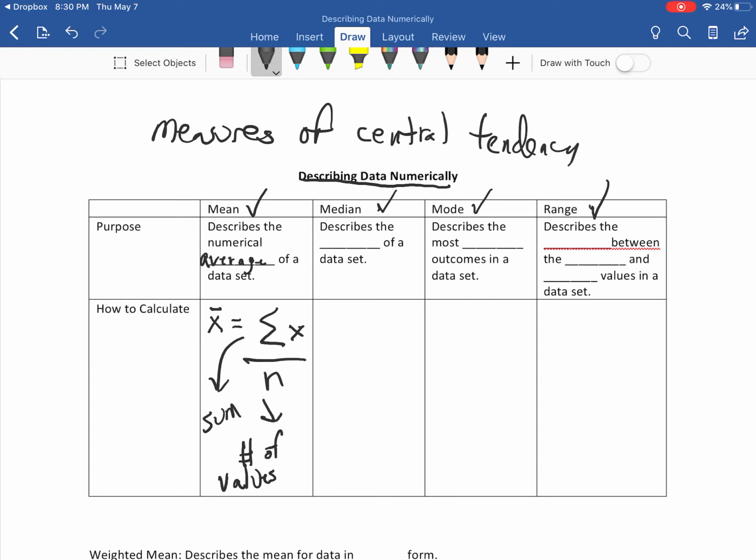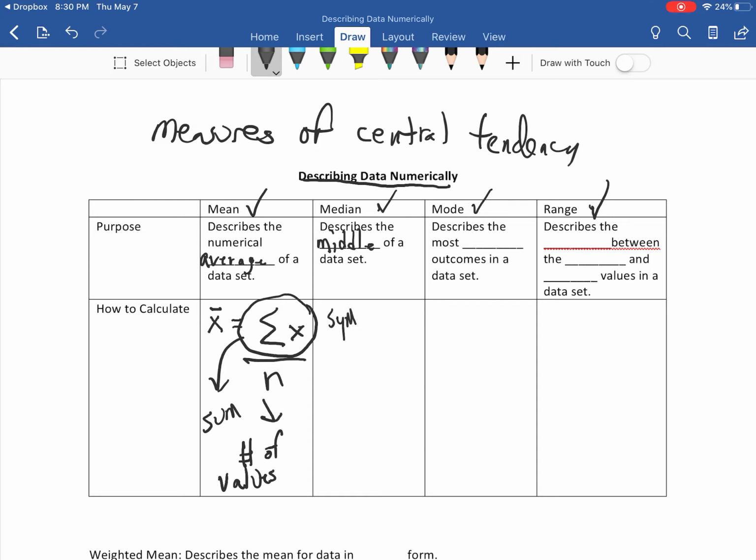So we're going to add all our values. That's your sigma x. It's just a shorthand way of writing the sum. And we're going to divide by the number of values that we have in the data set. So that's mean.